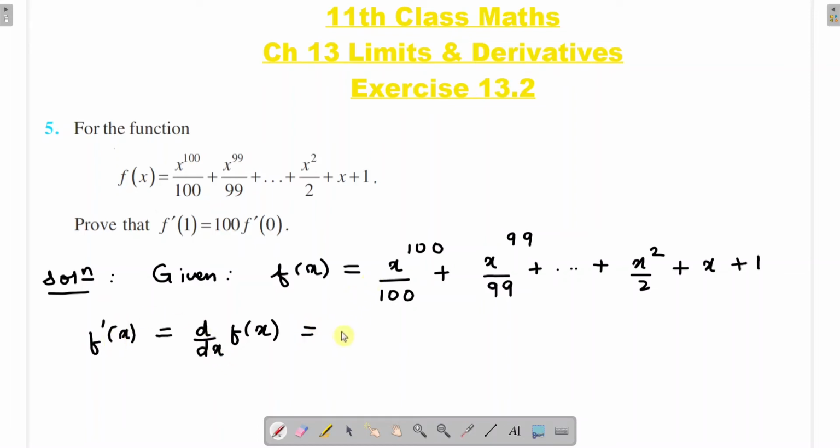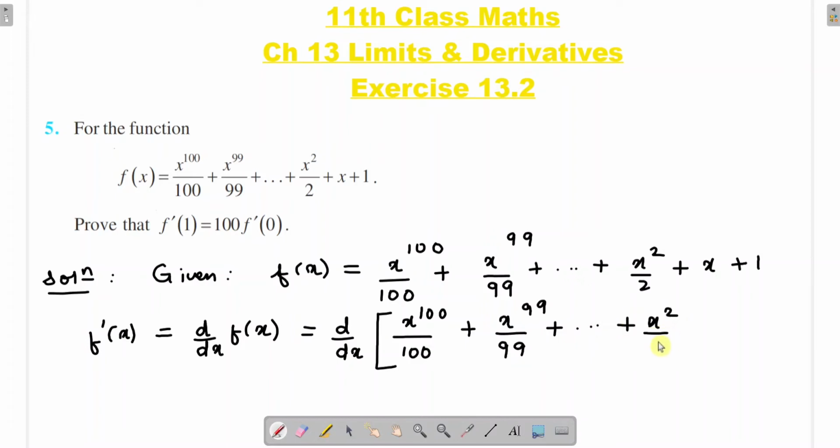So this will be equal to d by dx of f(x), so let us put f(x) now. Okay, so x raised to 100 divided by 100 plus x raised to 99 divided by 99 and so on plus x square divided by 2 plus x plus 1, right?